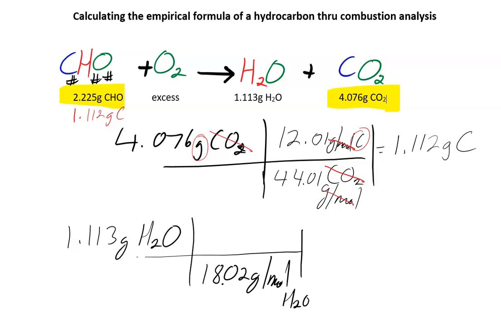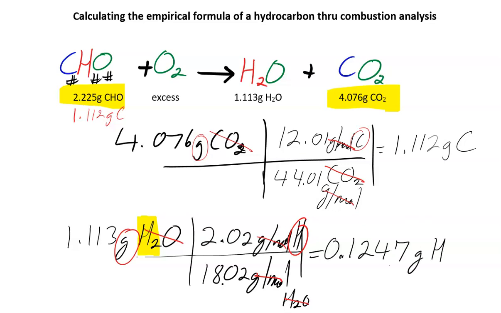And in that 1 mole of water, there are 2 moles of hydrogen. This is not because it's diatomic, it's because within the compound, there's 2 of them. And again, the grams per mole will cancel, the water will cancel, leaving you grams of hydrogen, and that is what we're looking for, grams hydrogen.